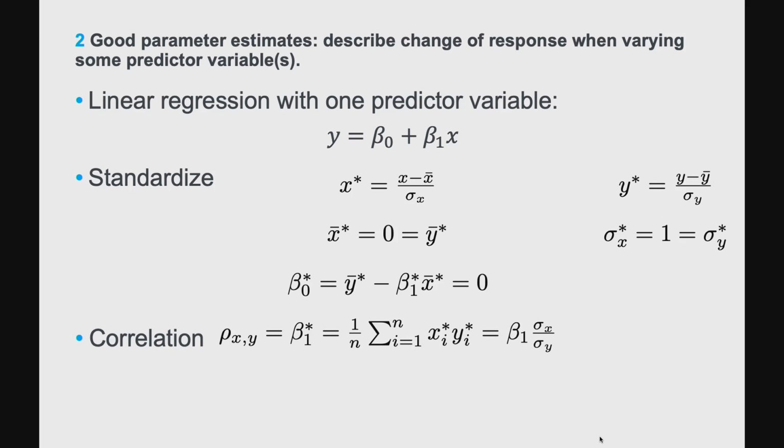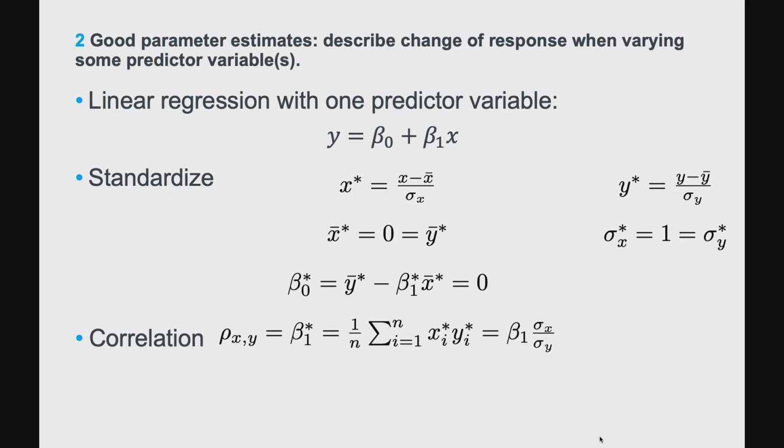Well, if we now look at the correlation between our x and y's, then this correlation is exactly described by beta 1 star, because our x star is simply beta 1 star times x.